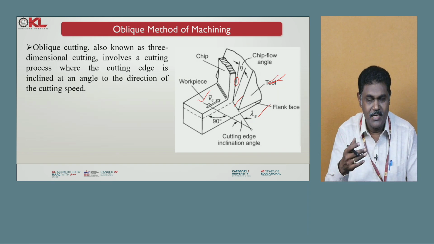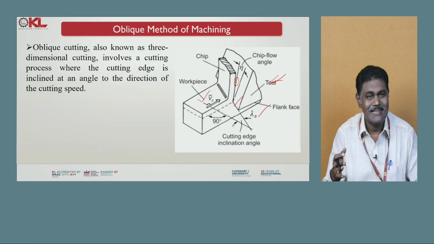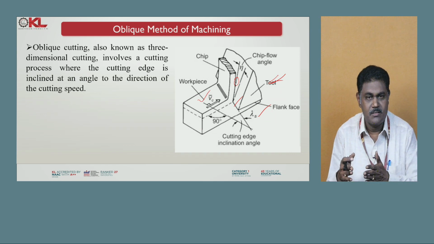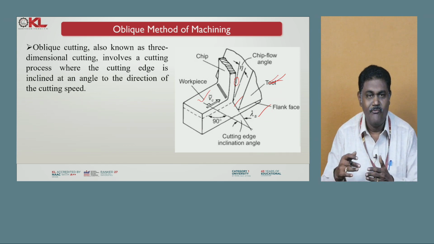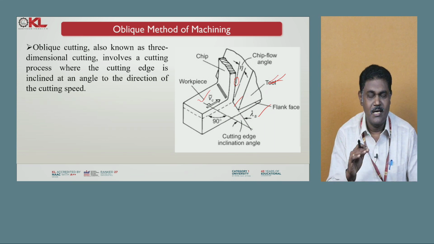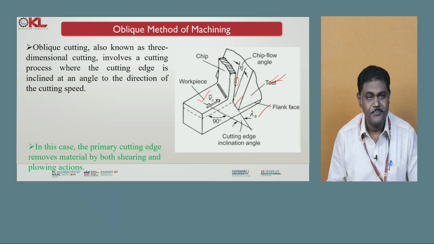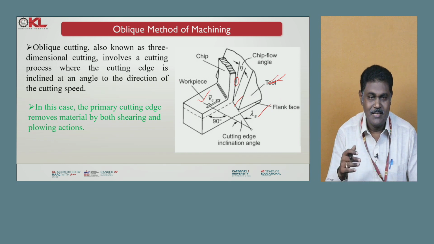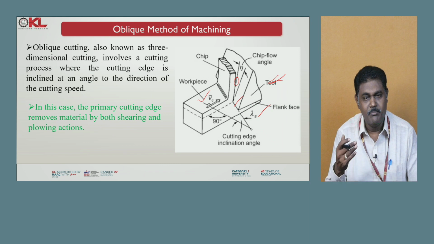Oblique cutting, also known as three-dimensional cutting, involves a cutting process where the cutting edge is inclined at an angle to the direction of the cutting speed. In this case, the primary cutting edge removes material by both shearing and ploughing actions.